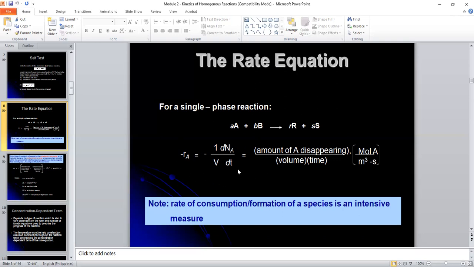We write the rate equation in terms of the volume of the system. If you recall our discussion in Module 1, there are, I think, 5 ways of expressing rates.